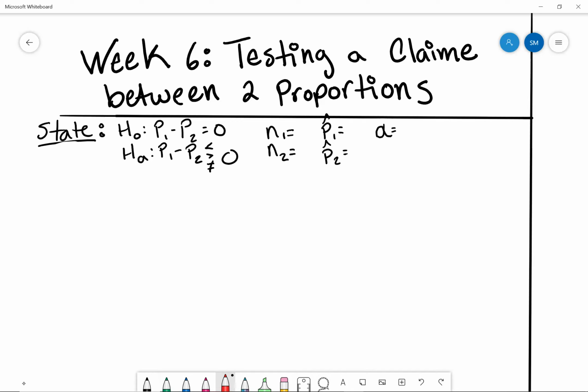Wait, do we have standard deviations for this? No, we don't. If you have a standard deviation, awesome. If you don't, we are going to be using this. We're going to be using, this is red, p hat sub c. Now, p hat sub c is the sample combined proportion.